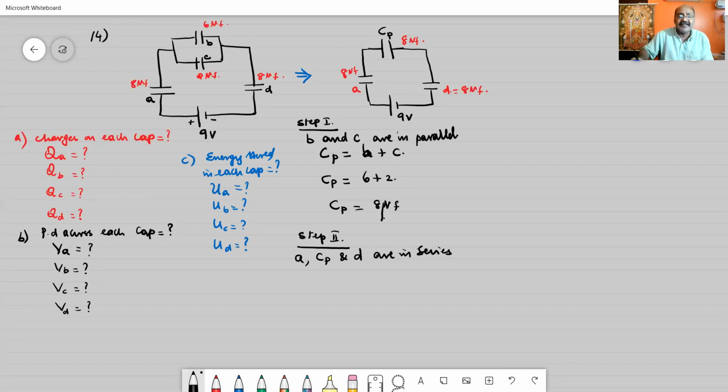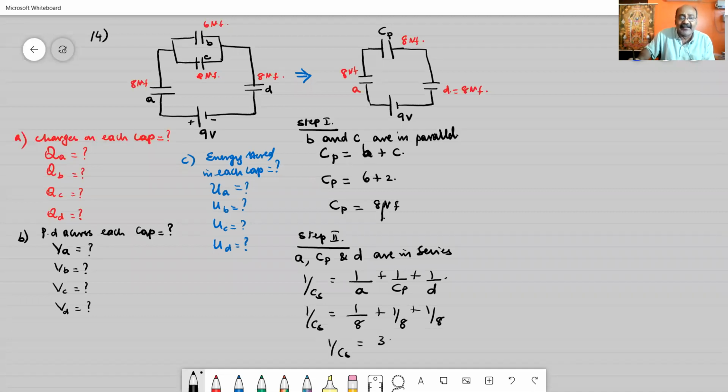If they are in series, then the effective capacitance is 1 by Cs equal to 1 by A plus 1 by CP plus 1 by D. So 1 by Cs is 1 by 8 plus 1 by 8 plus 1 by 8, which is 3 by 8, so Cs is 8 by 3 microfarad. This is the effective capacitance of the combination.